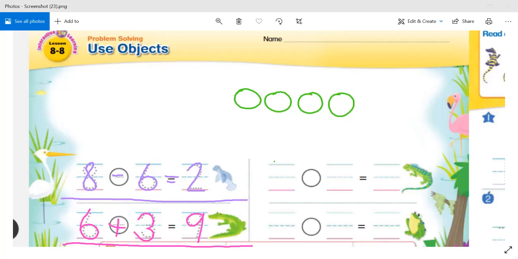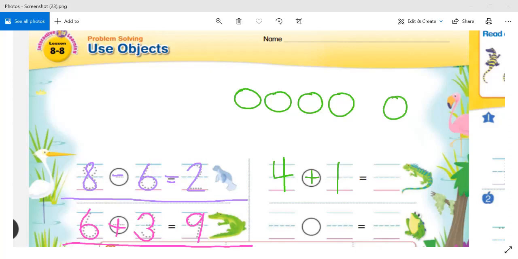So we're going to put 4 right here. It says one more iguana comes up to join them. So I'm going to put 1 right here. Is this an addition or a subtraction sentence? It is an addition sentence because we are adding 1.